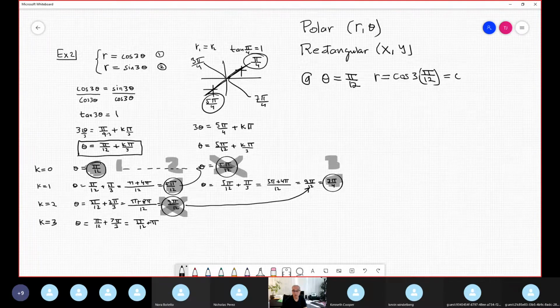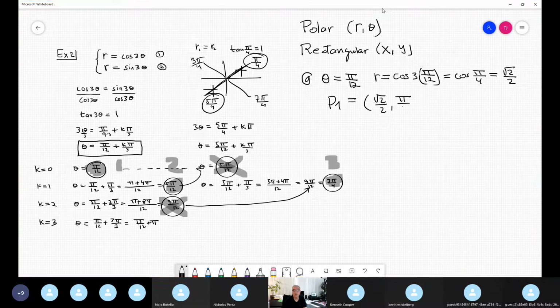Well, this is cosine pi over 4, and cosine pi over 4 is radical 2 over 2. This is the radius, this guy, r. So in polar, my first point P1 is radical 2 over 2, comma, pi over 12. Super.